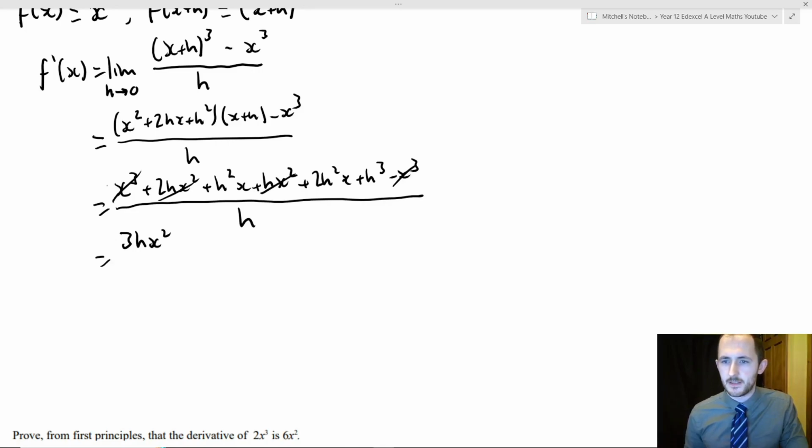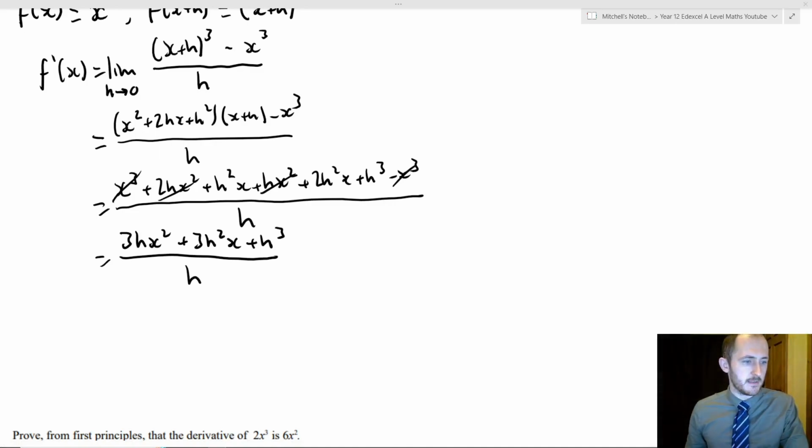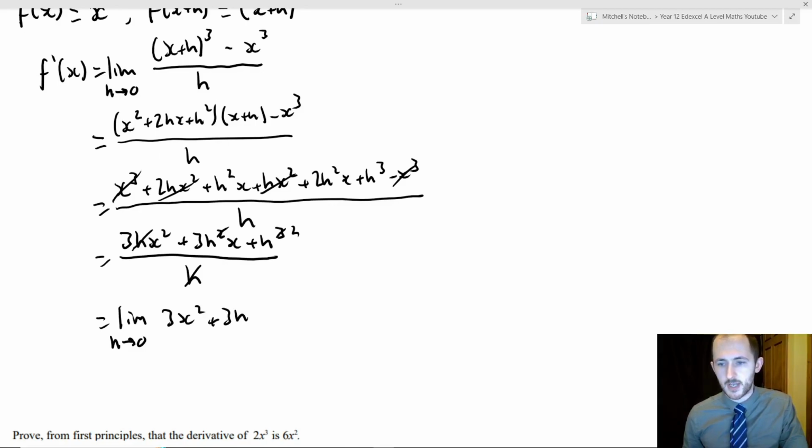So that covers that and that. Then we have 3h squared x. And then lastly, h cubed over h. Now what I'm going to do is just divide through by h. So cancel, cancel, cancel, cancel. So I'm left with the limit as h tends to 0 of 3x squared plus 3hx plus h squared.